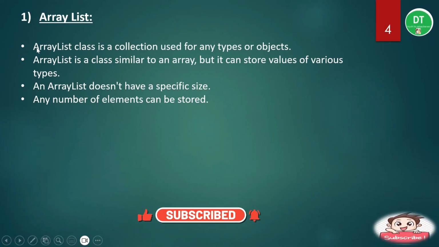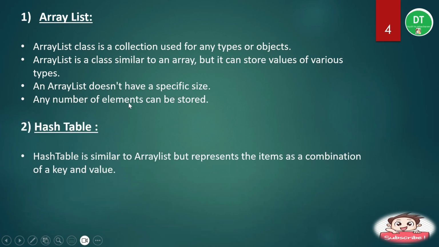ArrayList. The ArrayList class is a collection used for storing any type of data or objects. ArrayList is a class similar to an array, but it can store values of various types. An ArrayList does not have a specific size. Any number of elements can be stored.